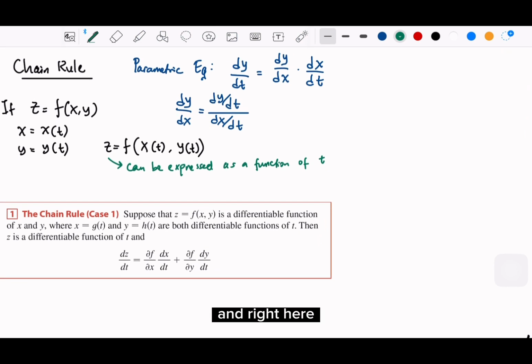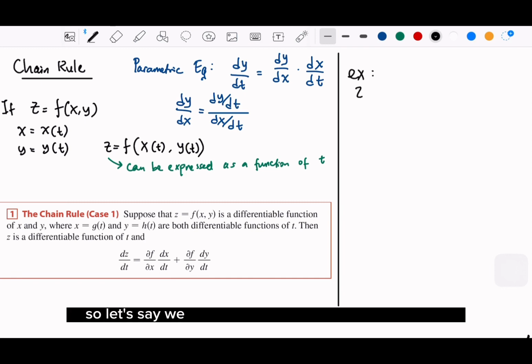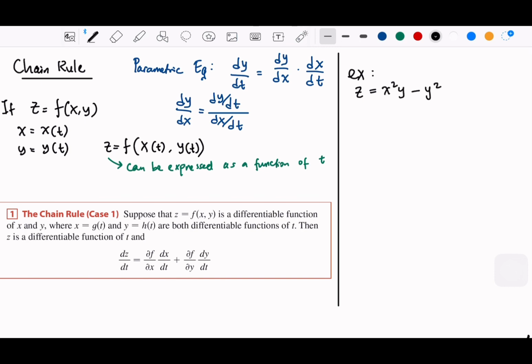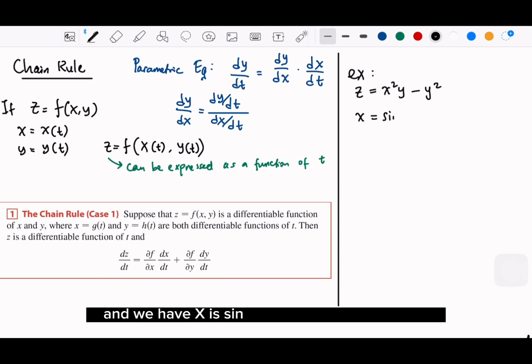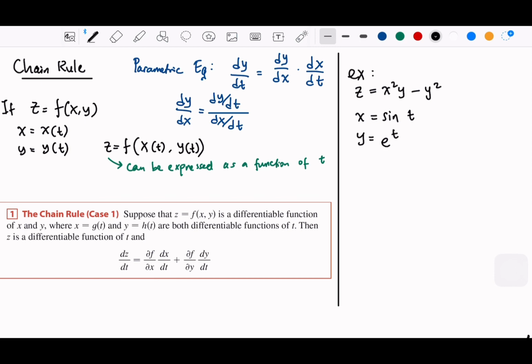Let me write an example here on the right side. So let's say we have z equals x squared y minus y squared, and x is sine t and y is e to the power of t.